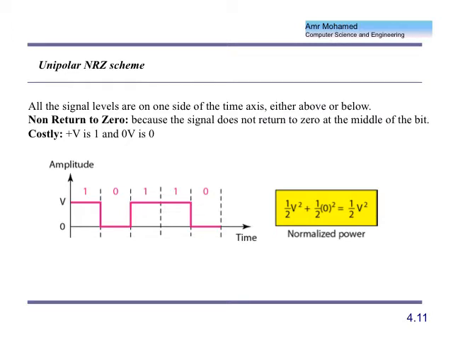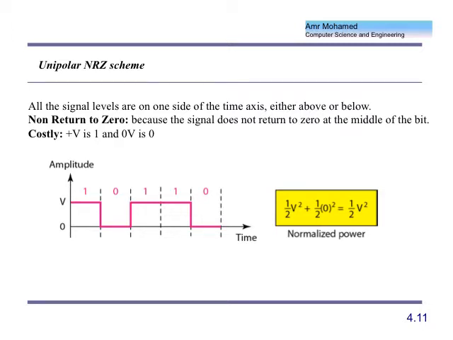It does not have any timing information, at least when I have consecutive ones or consecutive zeros. Okay, so I have high average power. I have DC components because if the signal is constant, I have zero frequency and positive voltage, which means that I have high power in the low frequency components, which is, as we said before, bad for special types of channels that do not really pass the low frequency components efficiently.